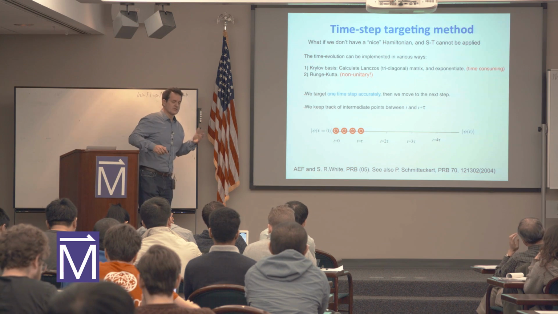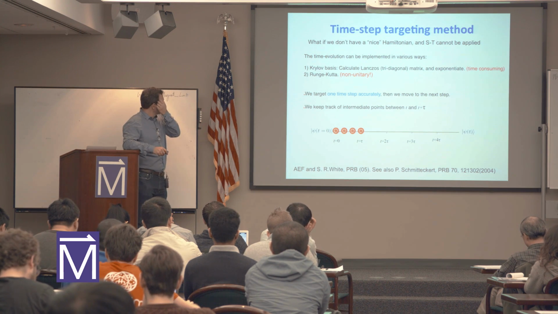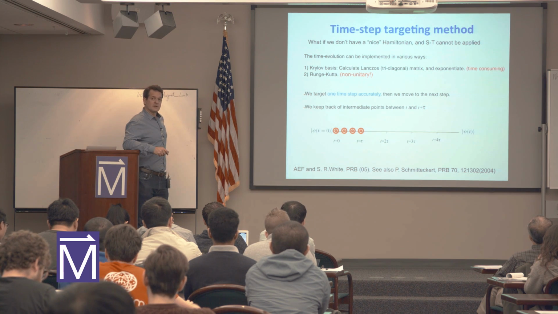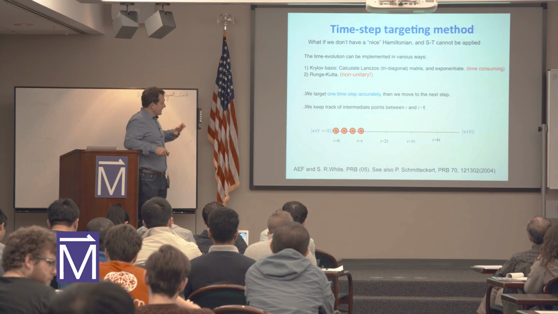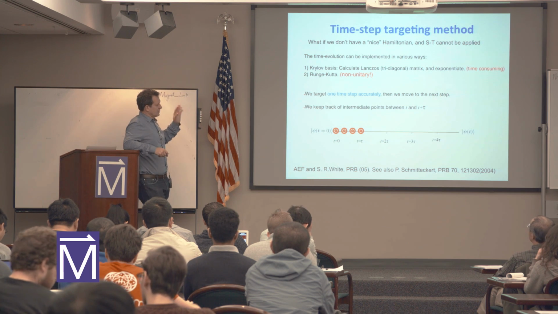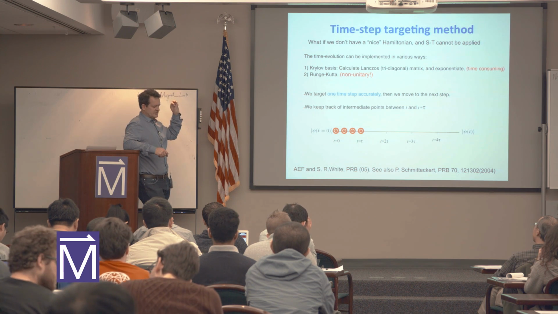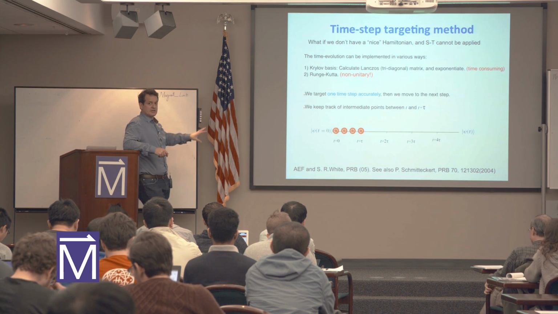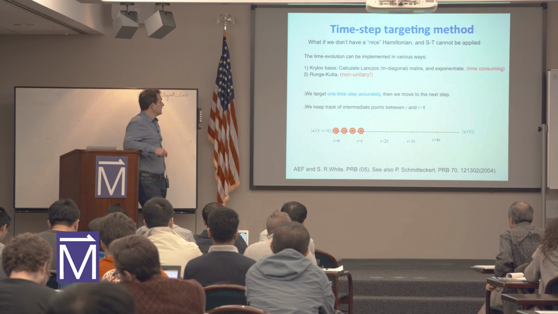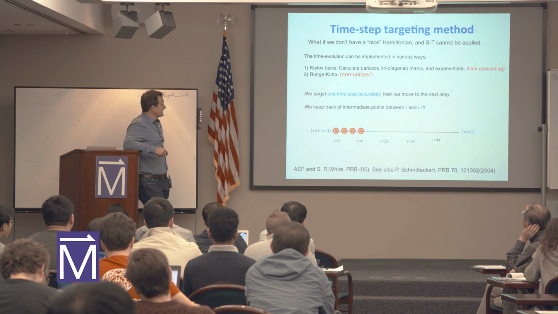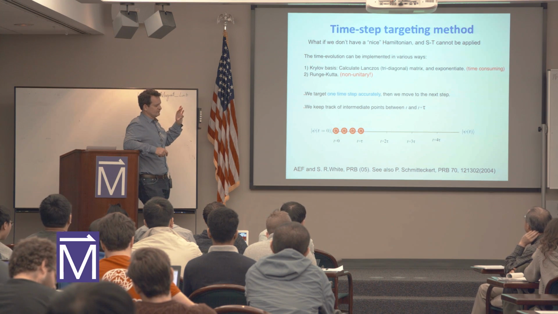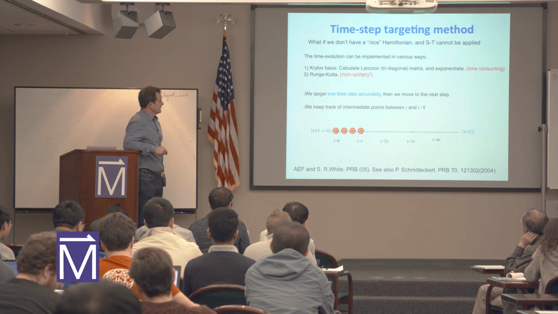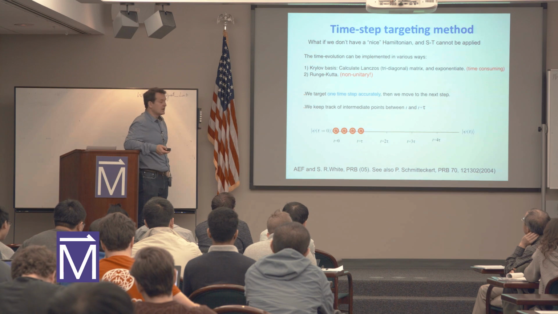You can use Runge-Kutta, or you can use a Krylov decomposition of the evolution operator. You can take your Lanczos matrix of H, exponentiate it, and apply it to your state. That's what Krylov means. And that's nice because it's a higher order approach than Runge-Kutta. Runge-Kutta is 4th order.